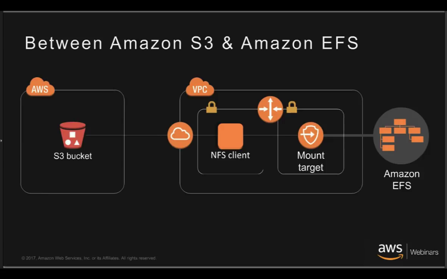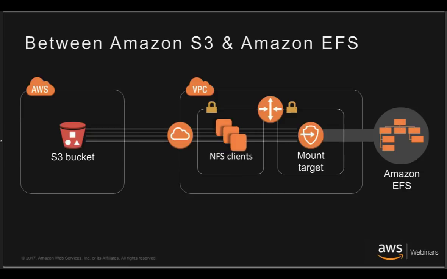We recommend that you use your file system DNS name, which is created and provided to you when you create your file system. To move data from S3 to EFS, you mount the file system on that EC2 instance using NFS client 4.1, and then you use your standard S3 tools to copy objects from S3 over to EFS.